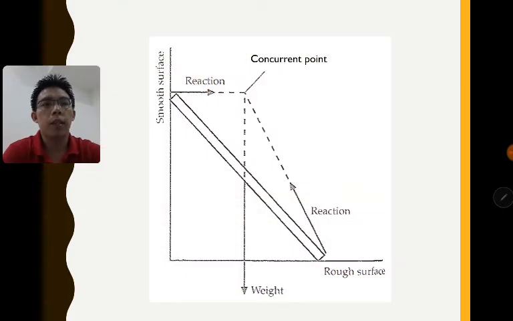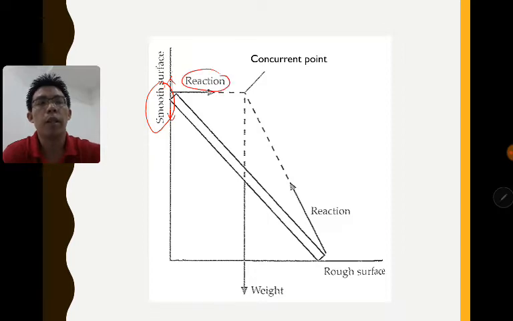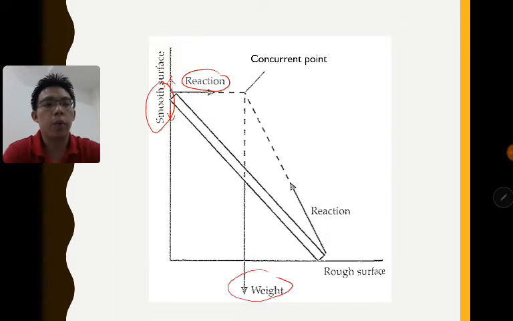Okay, let's look at another case here. This is something that is leaning against the wall. Here's a smooth surface. When you say smooth surface, it means that there shouldn't be any frictional force either up or down. Because it's smooth, it will be just a normal reaction force pointing normally from the surface, and it has its weight, and it will also be touching the rough surface at the bottom. Rough surface means that there should be frictional force.